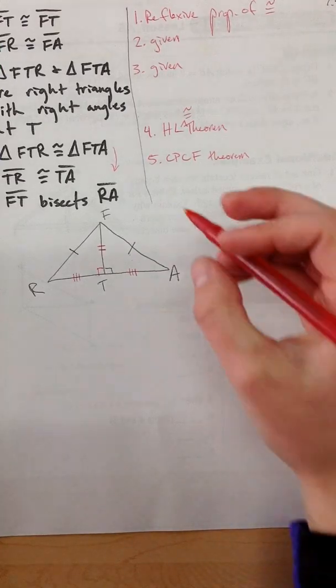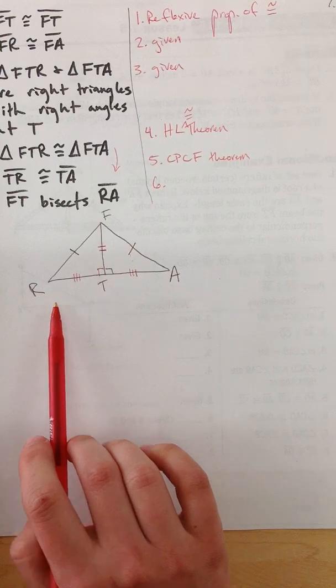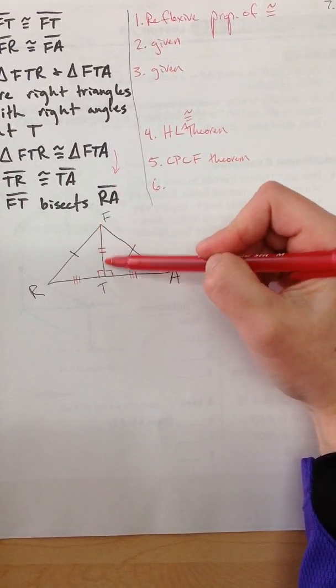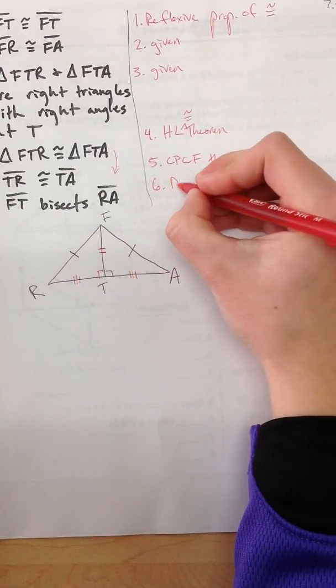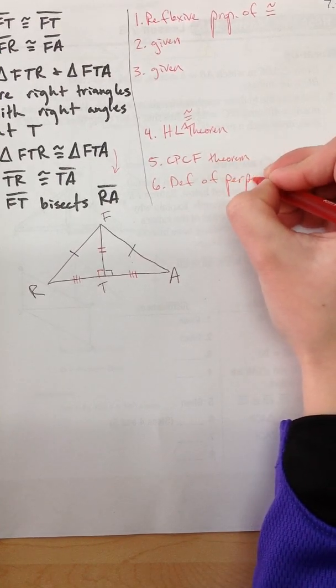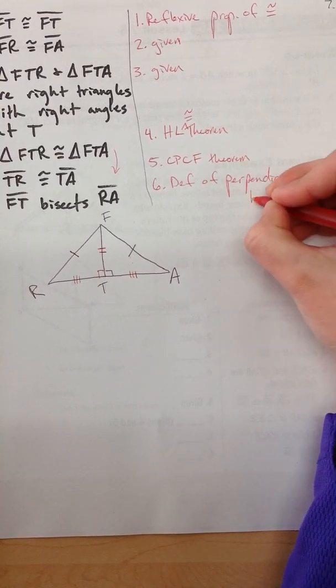And then the last one is kind of a tricky one here. Now that we know that those two are the same, we can say that this segment here, FT, is going to bisect that bottom side. This is kind of a hard one. This is the definition of perpendicular bisector.